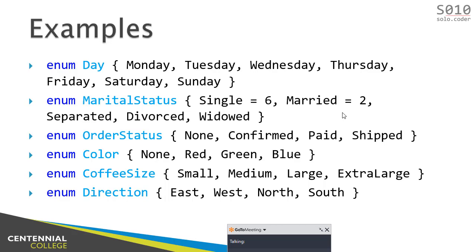So what about the second line? Like if single is equal to 6 and married is equal to 2? That's okay, but we don't have to assign the other ones? The other ones will become increments after married. So 2, 3, 4, 5, 6, it will go like that. That's by default. It will increase by the last one.